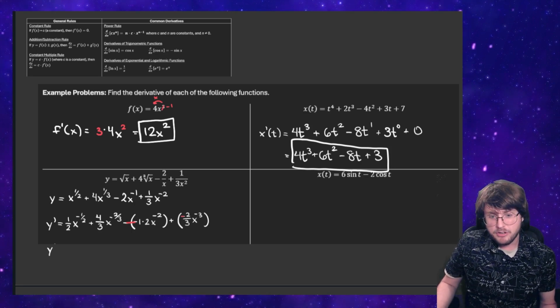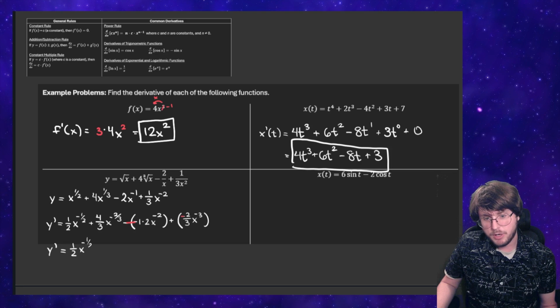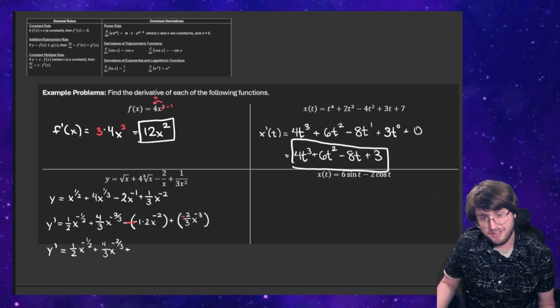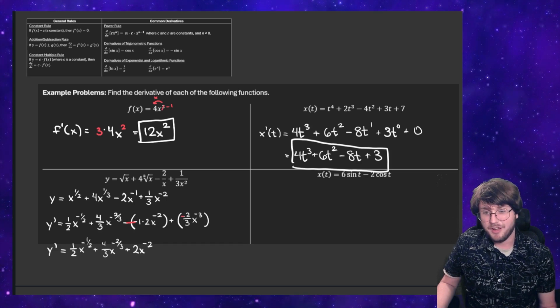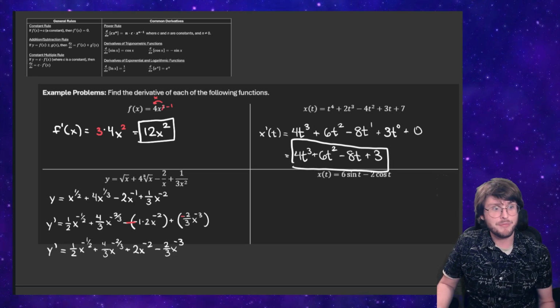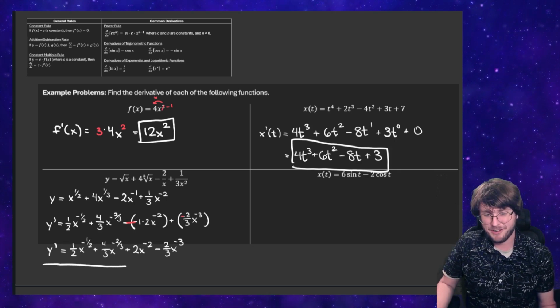So in the end, we'll end up with y prime equaling 1/2 x to the power of -1/2 plus 4/3 times x to the power of -2/3 plus, now pay attention, 2 times x to the power of -2 minus 2/3 times x to the power of -3. This one is probably the ugliest out of this selection, so it's all downhill from here.